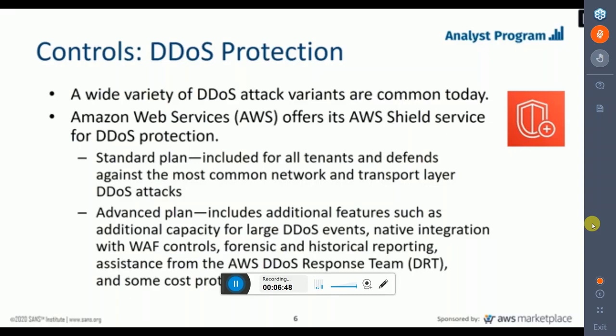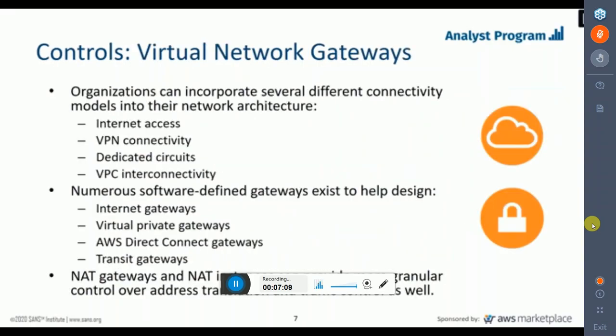You can take advantage of the experience and the skill set within the AWS team for just about everything across the board. Forensic reporting, you get assistance from their DDoS response team, some cost protection, as a result of cloud. So super cool. We've got a lot of other things out there that we want to take a look at.